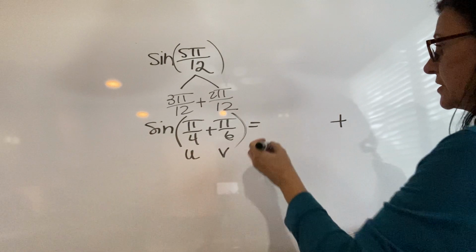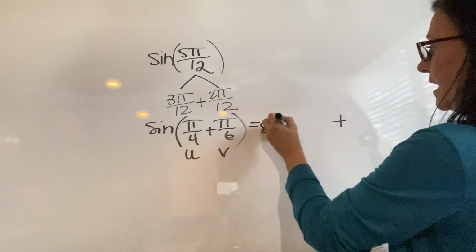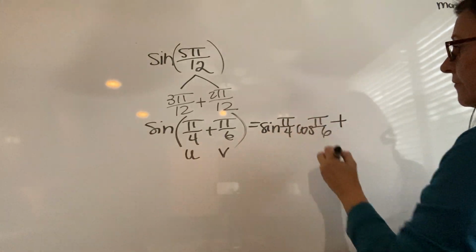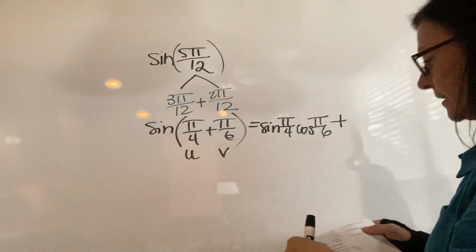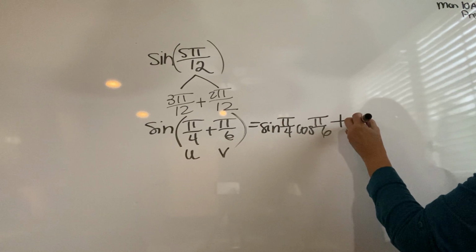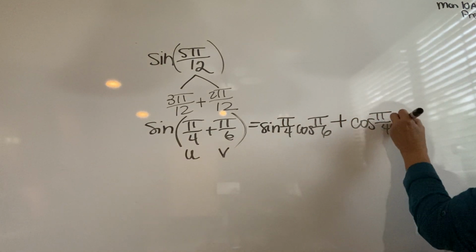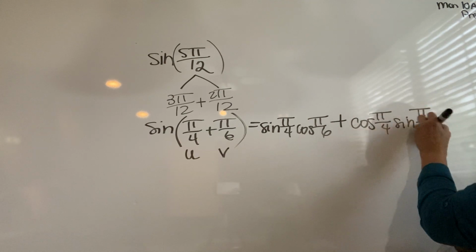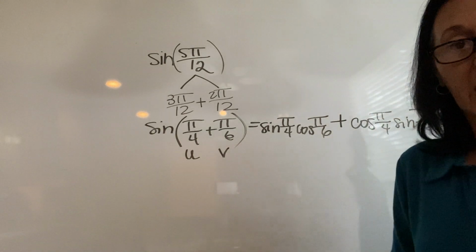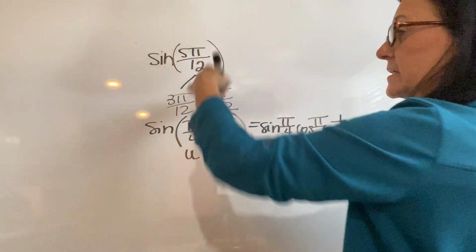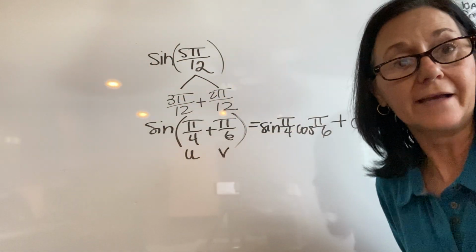For cosine, it's just the opposite. So it's the sine of pi over 4 times the cosine of pi over 6, the first one times the second one. Then I swap them, plus the cosine of pi over 4 times the sine of pi over 6, and I can calculate that using exactness.